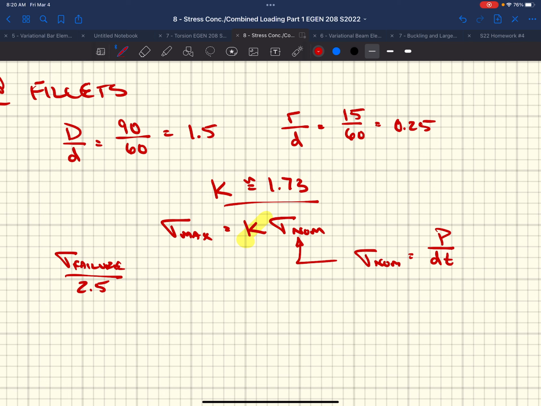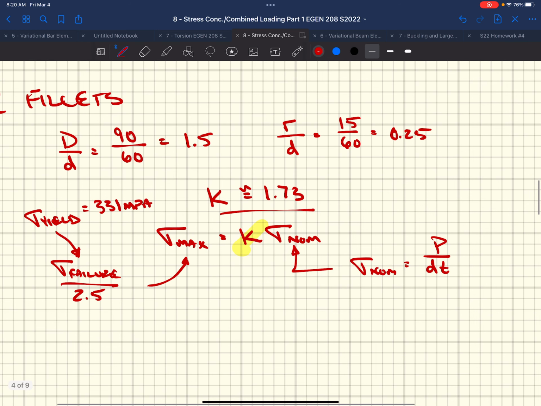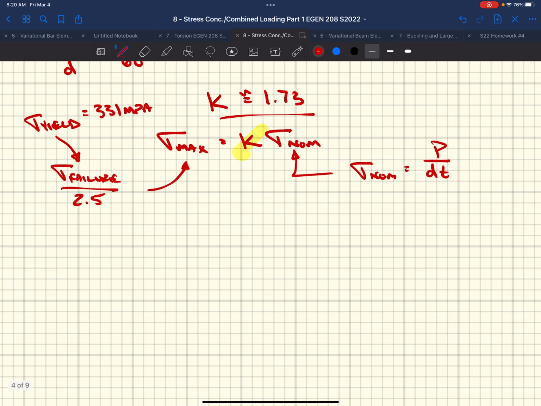So we're going to take that yield stress that we called our failure stress, which we were told was 331 megapascals, and divide it by 2.5, and that's where we're going to limit the maximum stress in this material. So that means we've got 132.4 megapascals.